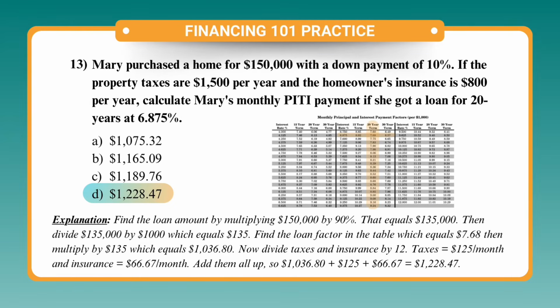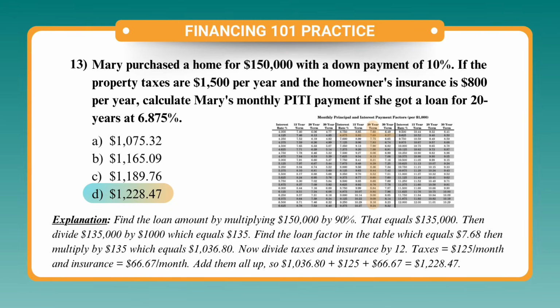Now we find the loan factor in the table, which equals $7.68. Then multiply that number by $135. That'll equal $1,036.80. Now, just divide the taxes and the insurance by 12 to get the monthly rate. If we divide the amount in taxes by 12, we get a total of $125 per month, and insurance is going to equal $66.67 per month.